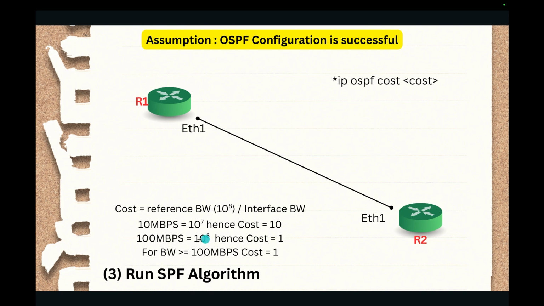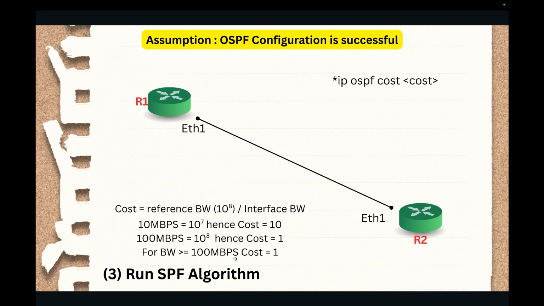And for any bandwidth greater than or equal to 100 Mbps, the cost will be 1. Remember, we cannot put the cost in decimal points, so it will always be an integer. That's why for any bandwidth greater than or equal to 100 Mbps, the cost will be 1. So that's how we run the SPF algorithm.